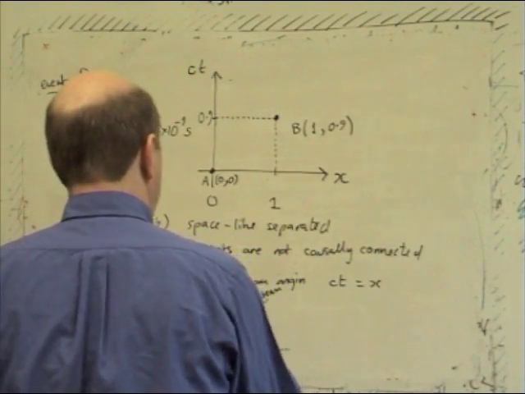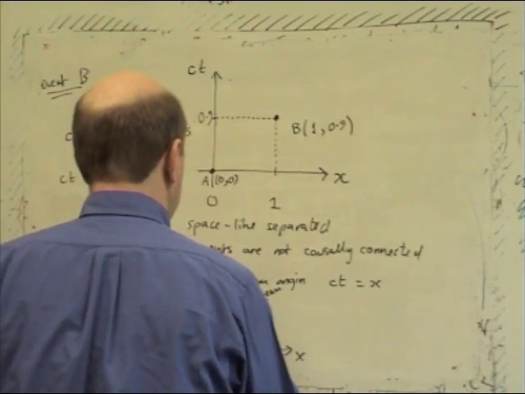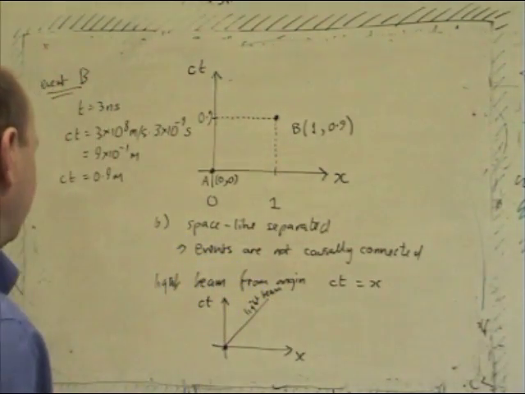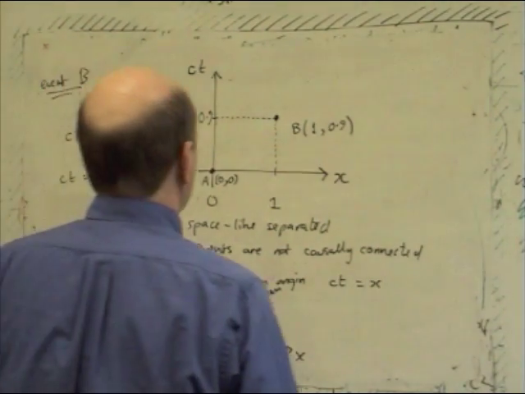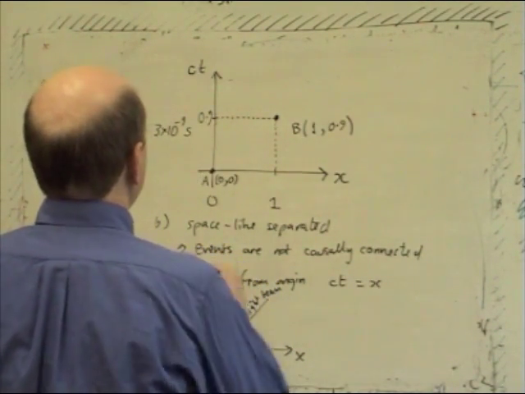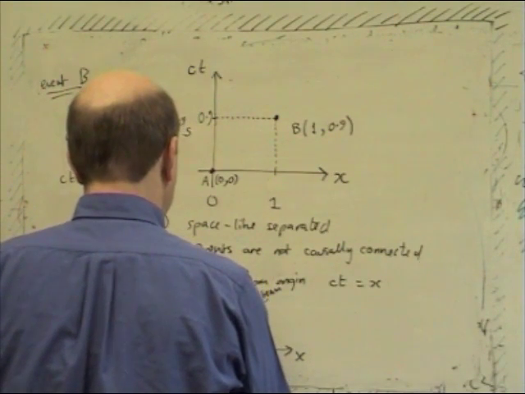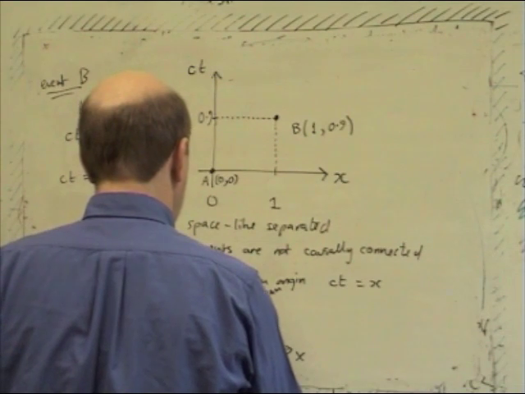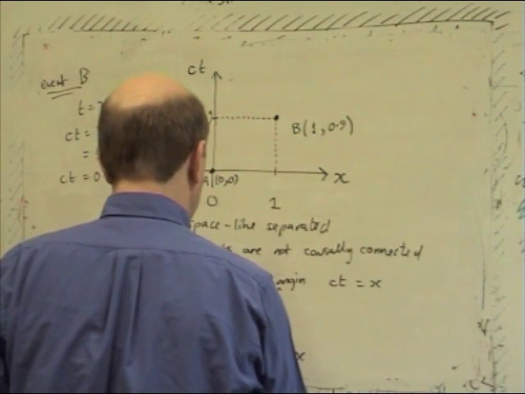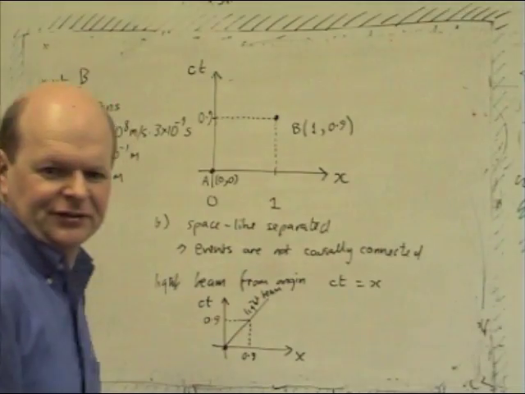Starting here has slope 1, going up there, that's the world line. Now, when it gets to a CT coordinate of 0.9, in other words, the time coincident with event B, its x coordinate is also going to be 0.9 because the line has slope 1.